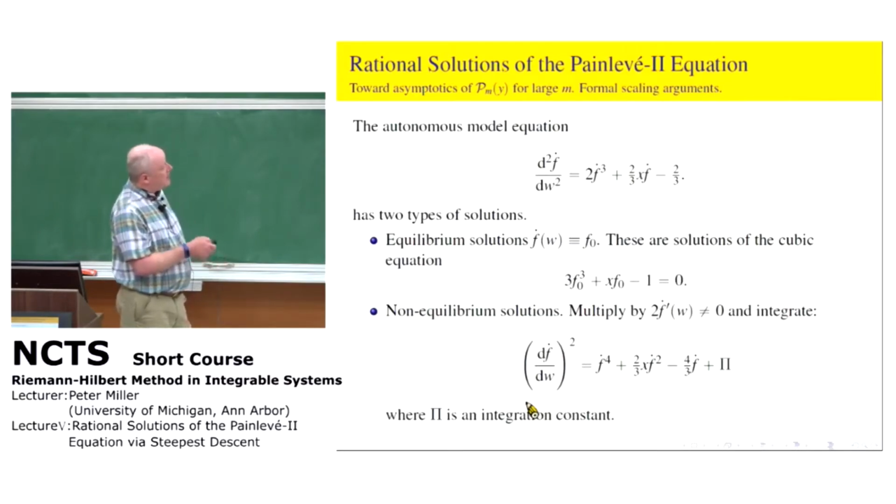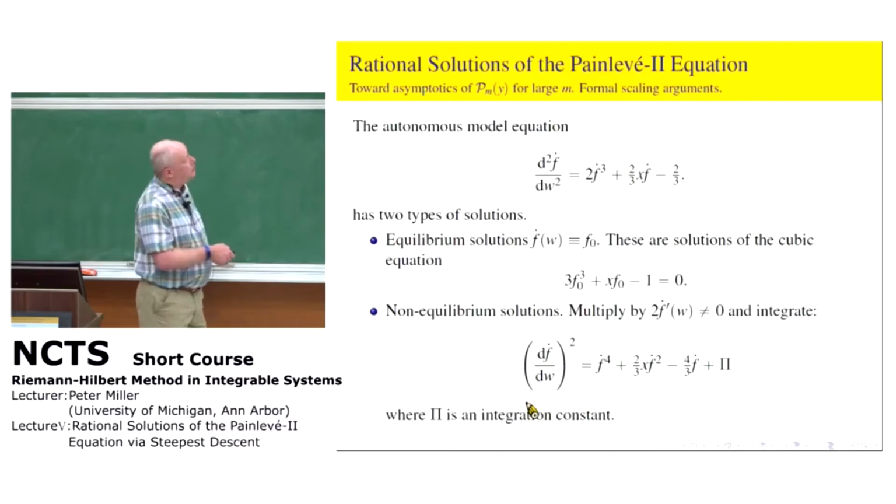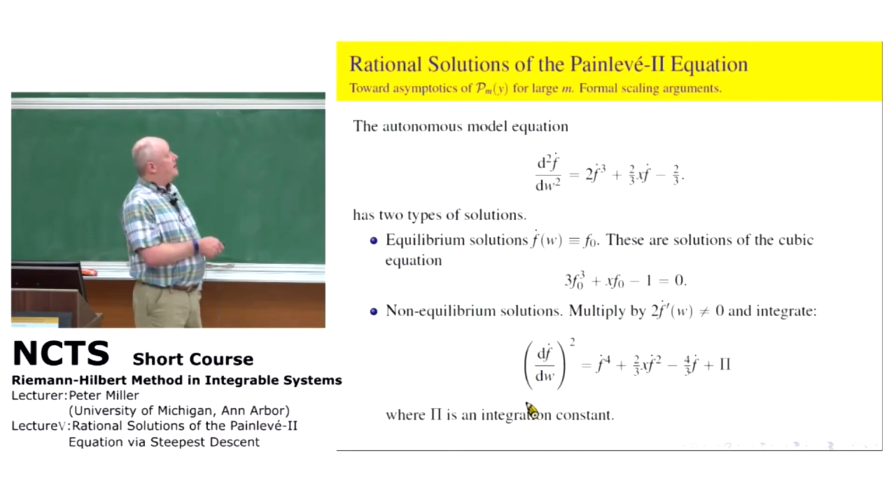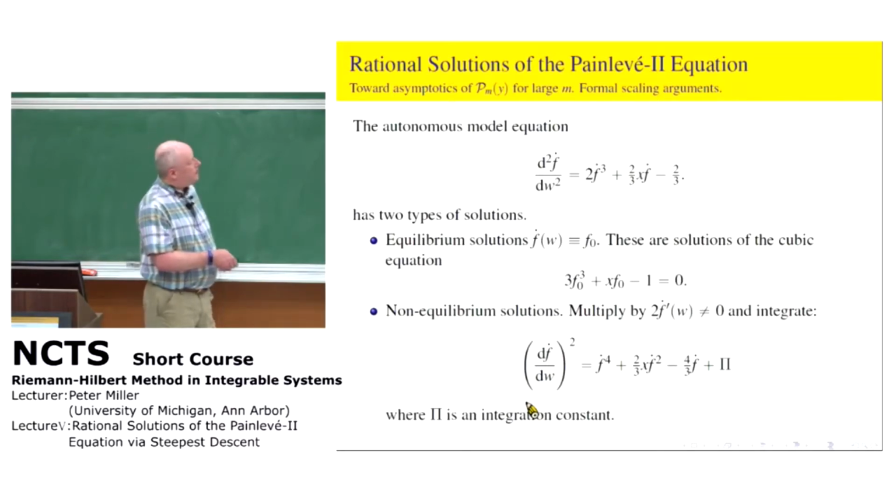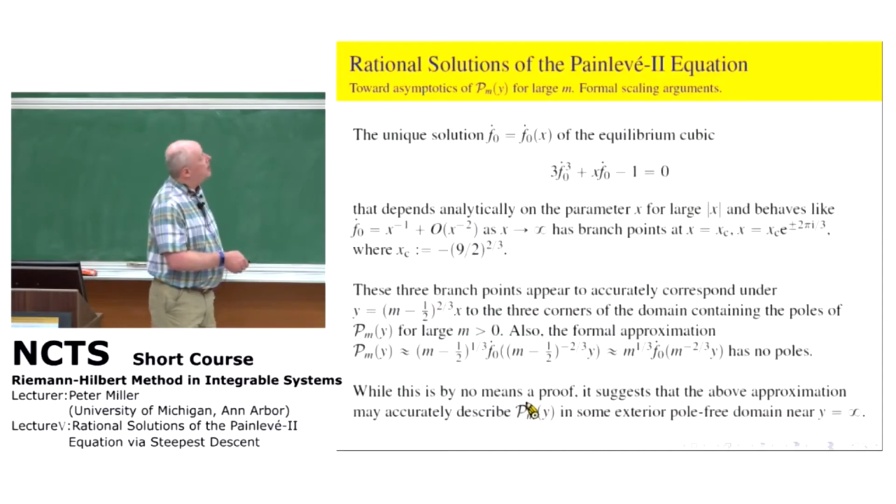So there are 3 possible equilibrium solutions, and then there are non-equilibrium solutions. For those, we can, without any problem, multiply by f prime and integrate the equation. Then we have something that looks like this, and this pi here is just a constant of integration. So that's the equation for the non-equilibrium solutions.